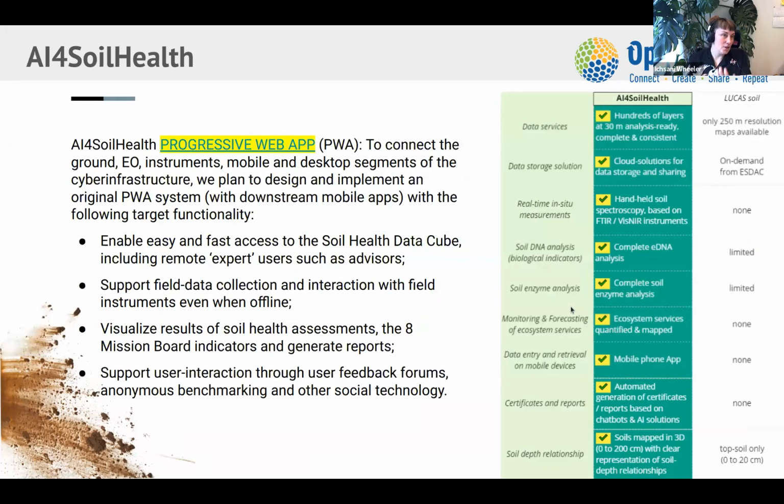Okay, and then this is too much text, you shouldn't read it, but essentially on the right, what I want you to see is what we are promising to do is essentially to bring as much data and information and layers together as we can, to create what we consider to be good cloud storage solutions for data sharing, because I noted earlier there's a lot of nervousness about sharing geographical locations, etc. There are solutions for this, and there are license constructions that allow people to share points without having them lose control of their data set.